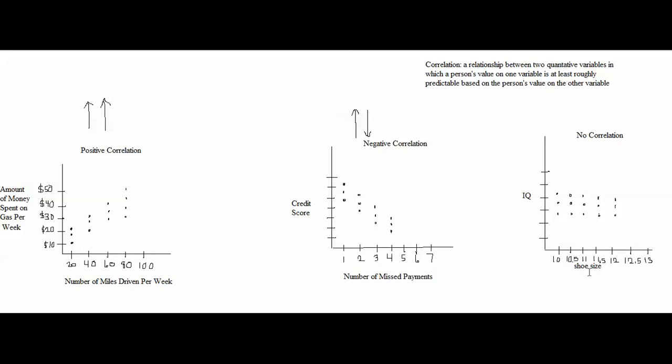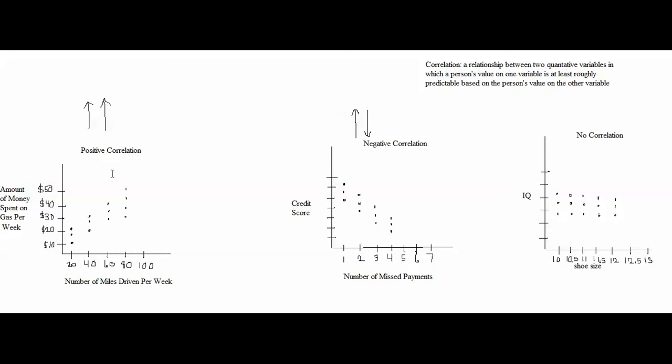I've never heard of a correlation between shoe size and IQ, which means that if a person tells me that their shoe size is 10, and they don't tell me what their IQ is, I won't be able to use their shoe size to predict their IQ, because I don't know whether a person who has a shoe size of 10 should have a low IQ or a high IQ. If a person tells me that their shoe size is 13, that also won't be useful for predicting their IQ.